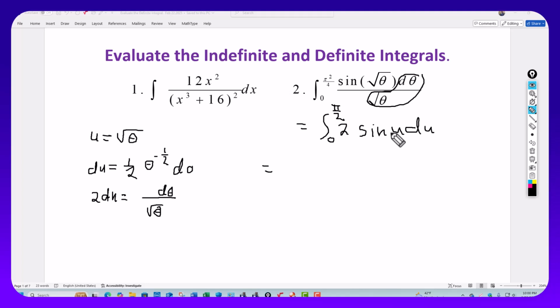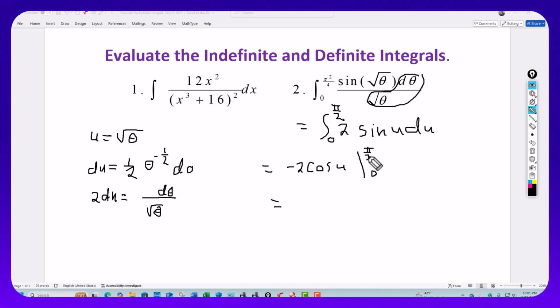So first let's take the integral of sine u. The integral of sine u is minus cosine. I still have the 2 there, so it's minus 2. The integral of 2 sine u with respect to u is minus 2 cosine u, and then we evaluate from 0 to pi over 2.